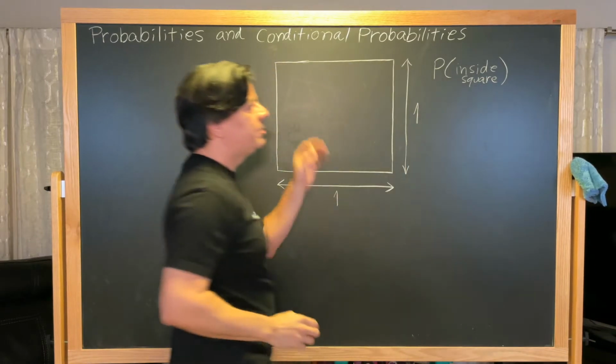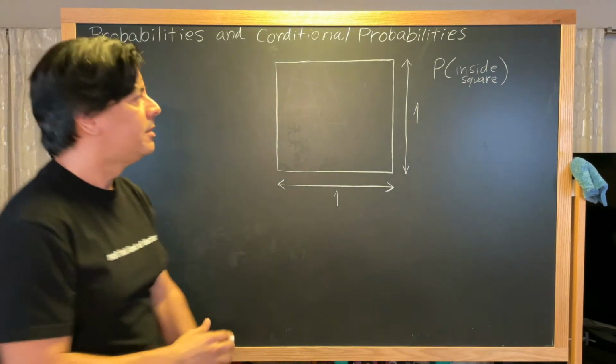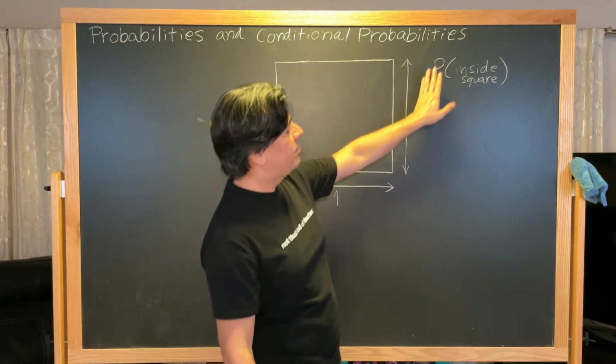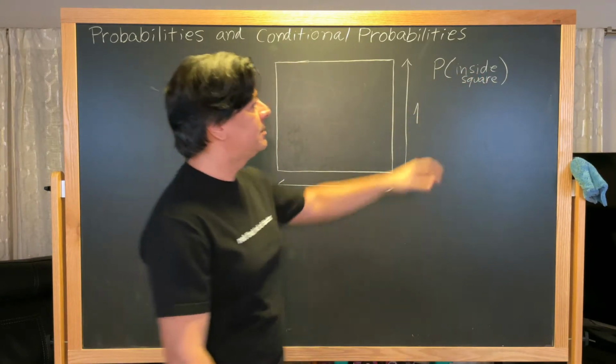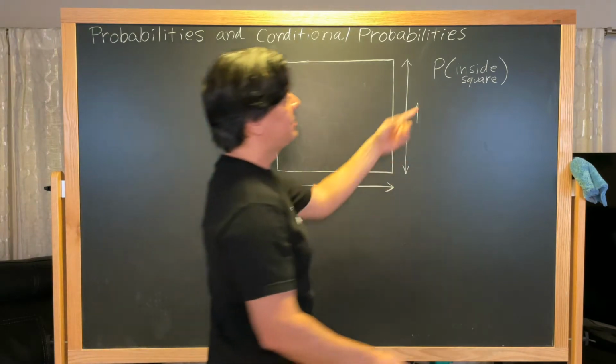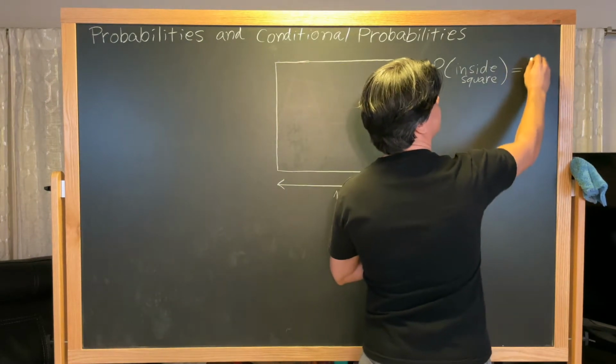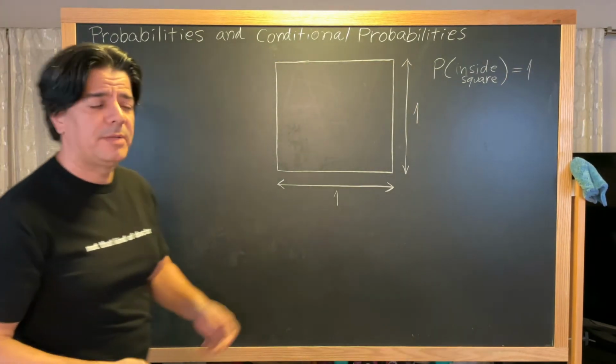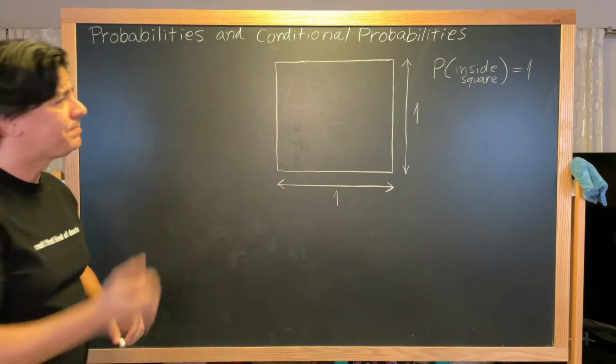This notation P and something in parentheses indicates the probability of that thing taking place. And this thing is normally referred to as an event, something that happened. So that probability equals 1, or 100%. So far, so good, right?